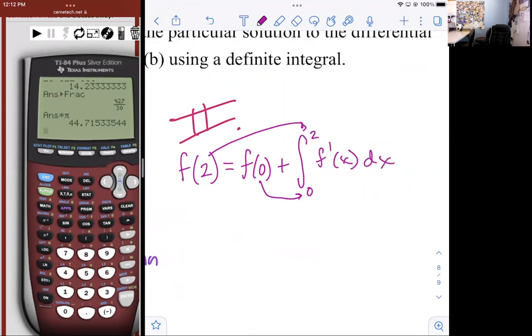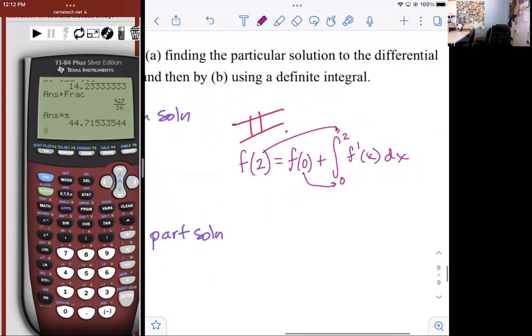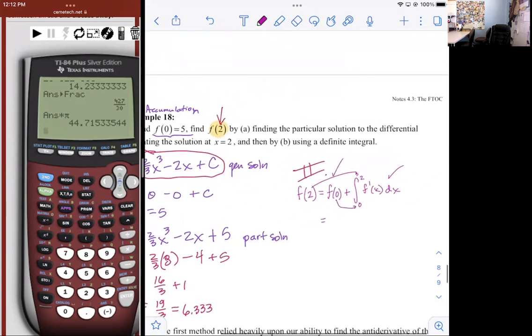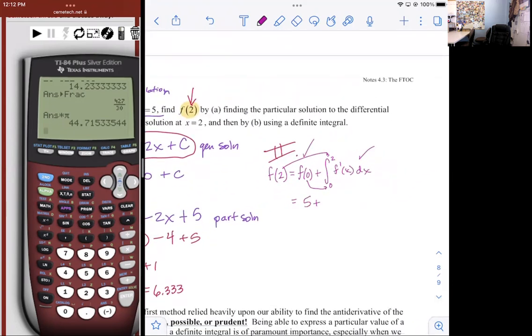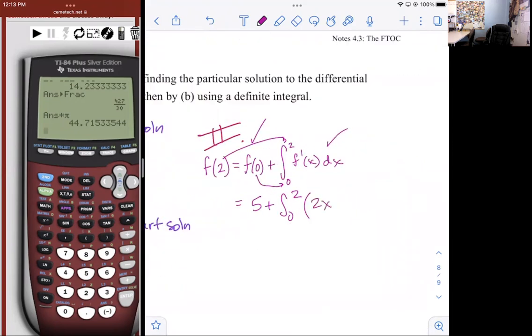Your rate equation, is it given? Well, it certainly is, right? So notice that I can set this up now. This would be kind of my template. You would get a check for this and a check for the F of 0. And now if I plug it in, they did tell me F of 0 was 5, plus then the net accumulation from 0 to 2 of the rate equation, which is 2x squared minus 2 dx.